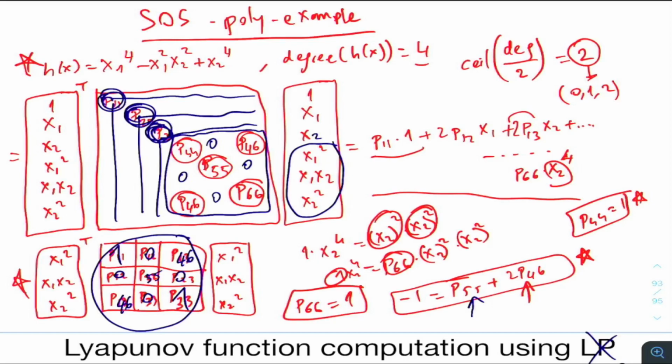If you find a P55 value, which is the value you tune, that means you find a feasible solution, which lets you conclude that the polynomial that you started with is SOS. Okay, that was like the great detour.